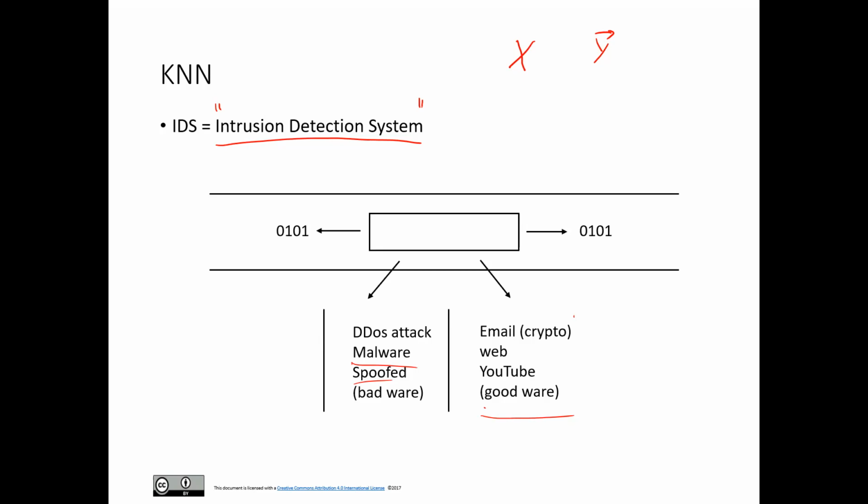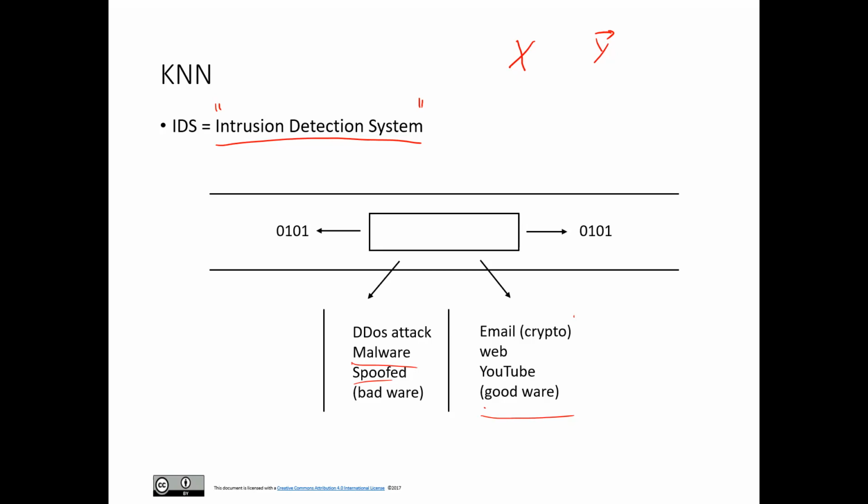Now we're going to assume that the samples in our problem are going to be network packets, and we're just looking at each network packet. We extract the features from the headers of the packet, the IP header, TCP header, etc. And we've labeled some of these to be regular goodware, people just using multimedia, YouTube, web, email.